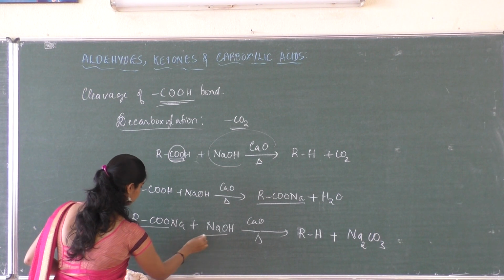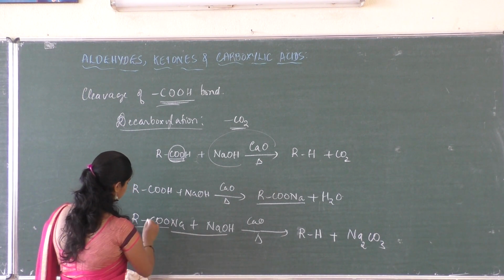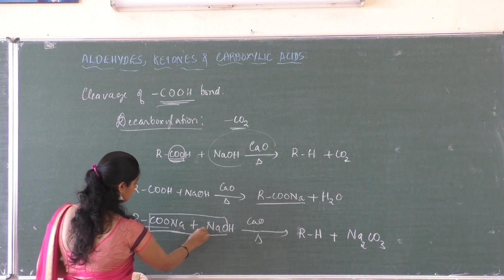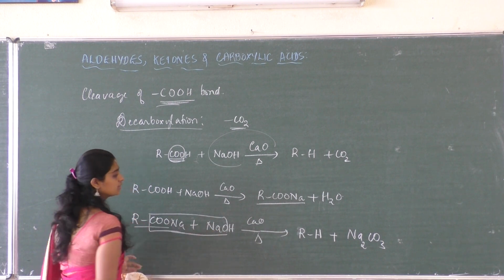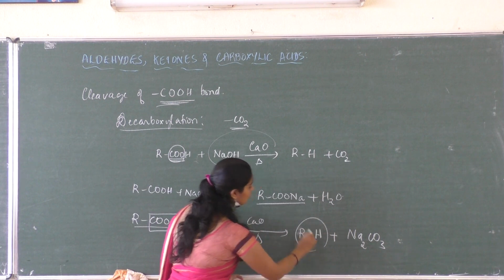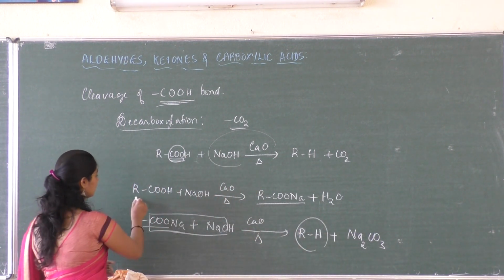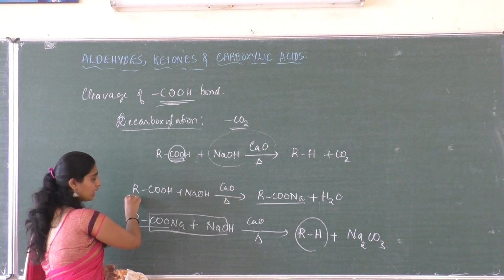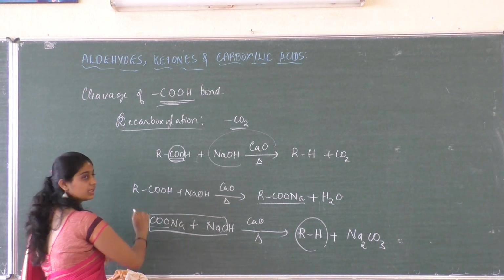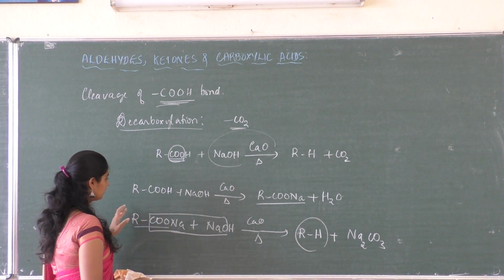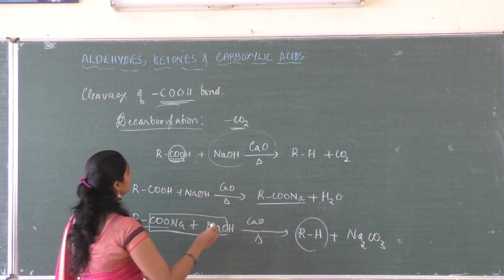So this molecule gets cleaved, Na2CO3, so as to form hydrocarbons which consist of one carbon less. So here we have an alkyl group, so it needs to contain carbon, one carbon and one carbon.